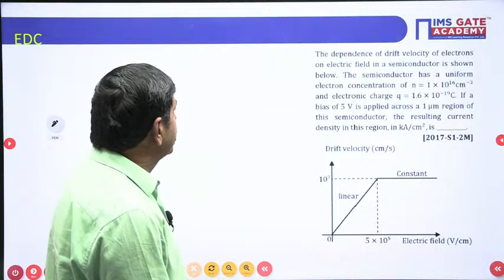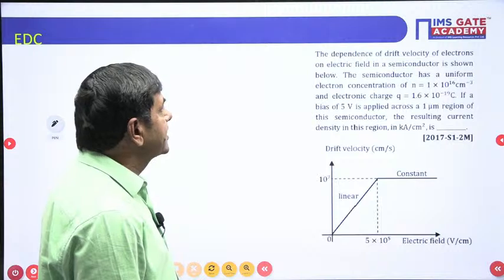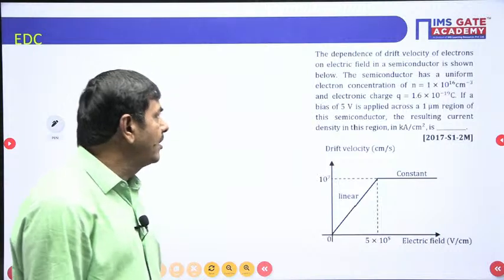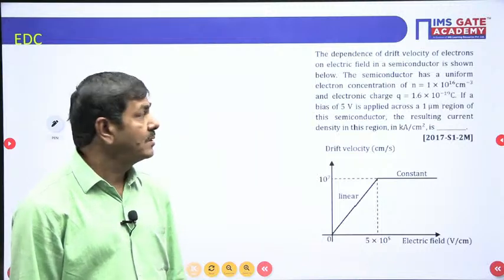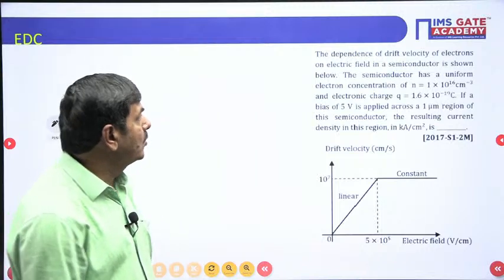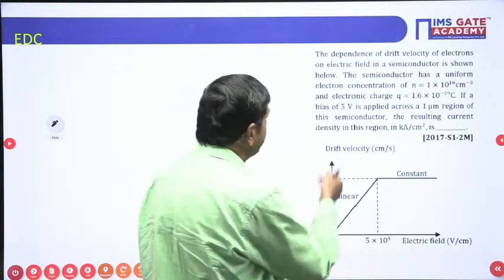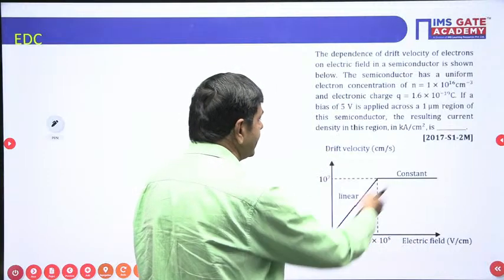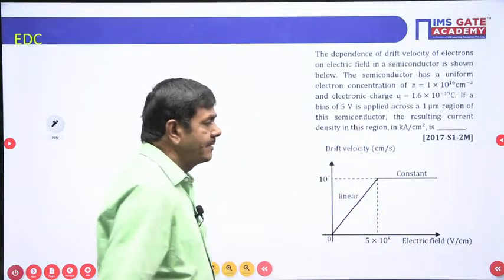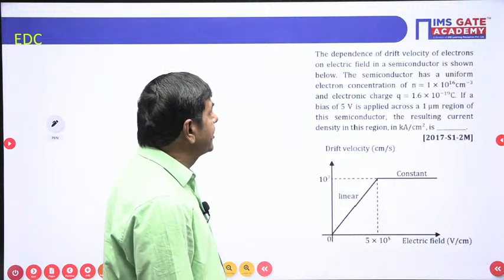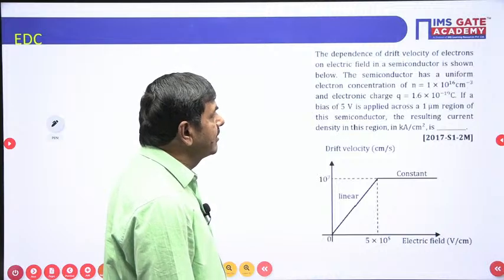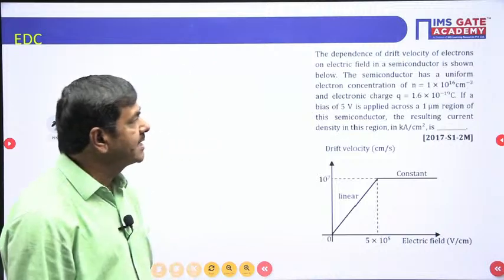What is given in this problem? The dependence of drift velocity of electrons on electric field in a semiconductor is shown below. The drift velocity depends on the electric field intensity as given by this graph. The semiconductor has a uniform electron concentration of N equal to 1 into 10 power 16 per cm cube.